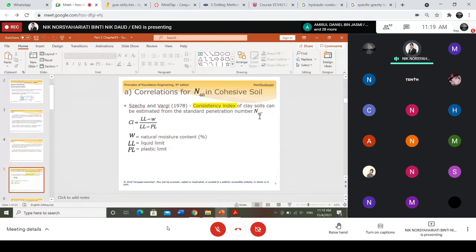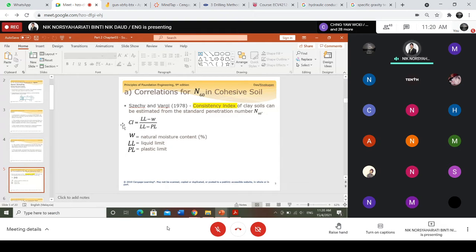Once you get the N60 numbers from the previous testing, for the borehole sampling part, you can correlate your standard penetration N60 numbers with the consistency index, which is the Atterberg limit data.